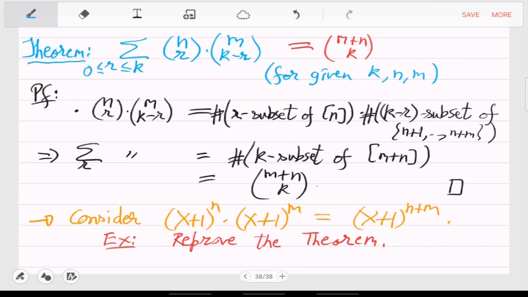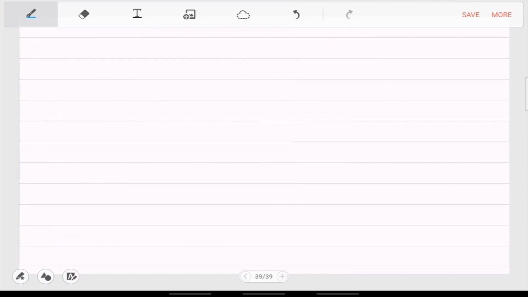There is an interesting recurrence formula for binomials. Have you seen that? What is the name of it? This is called Pascal's identity. Basically the binomial is a function in two variables.